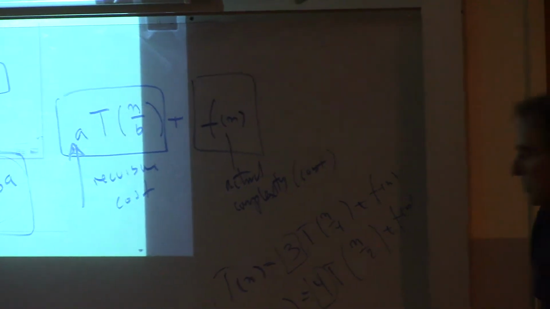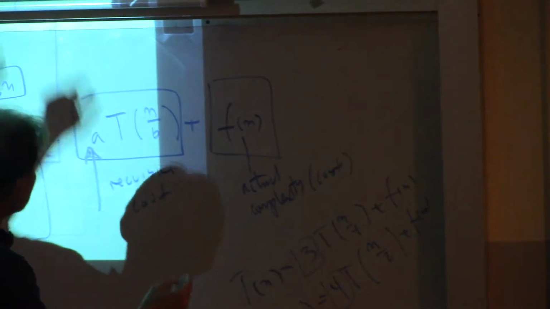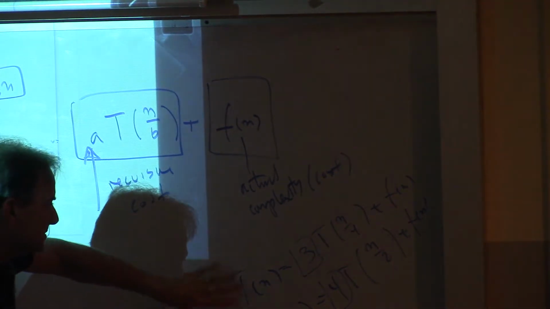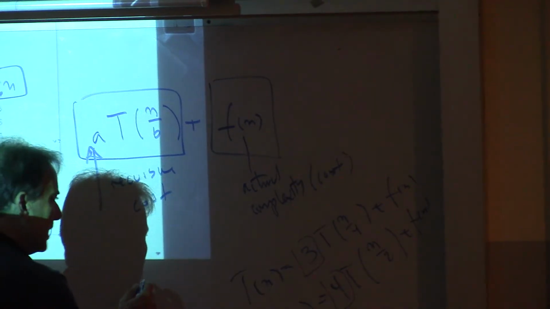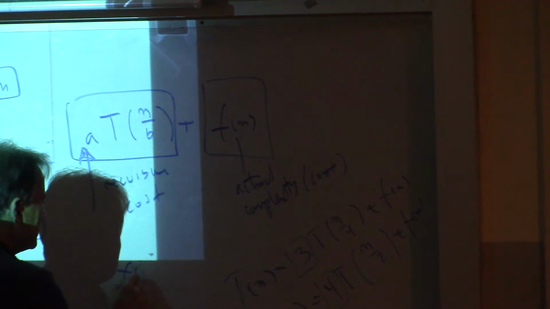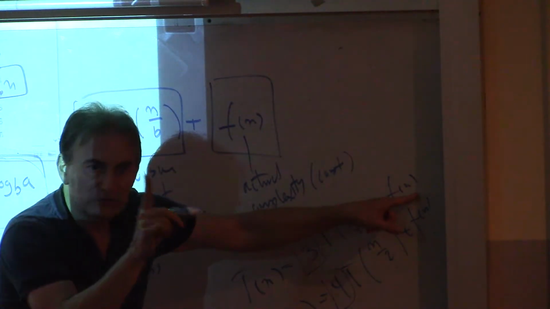So if I'm going to draw this tree right here, I don't know why I'm using this overhead, because I'm not using it at all. But now I can use the whole board. If I'm going to draw this one right here, n would come in here, and so as n comes in, I perform f of n at level 0.